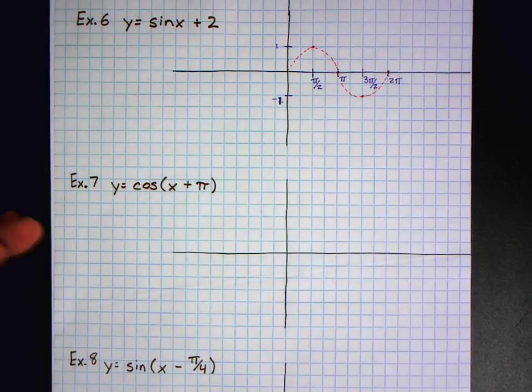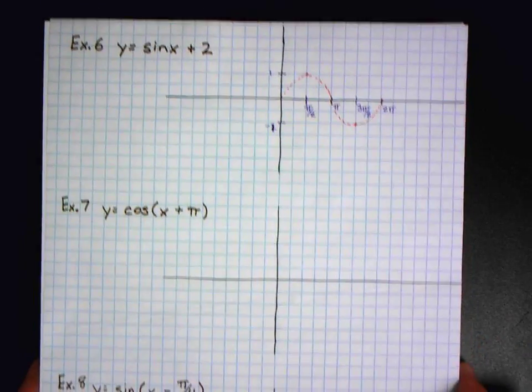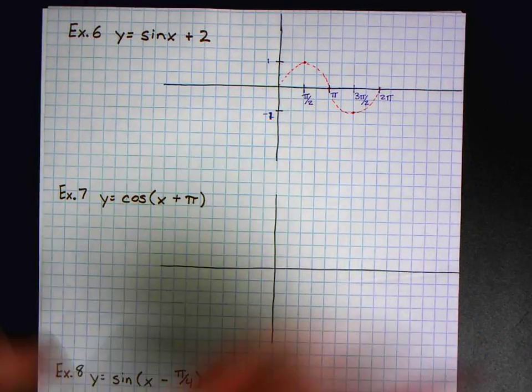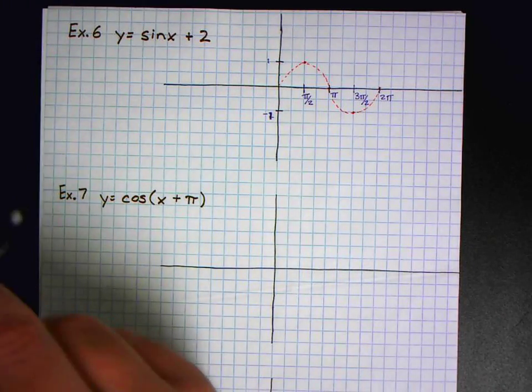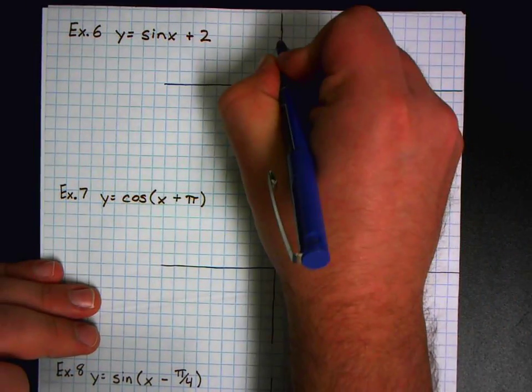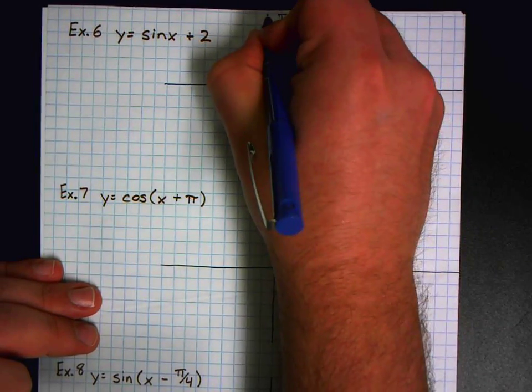Okay, so what does the 2 do? Shifts it up 2. So all it does is take my central axis right here and moves it up to the 2 mark. So it's like having my axis now right here.